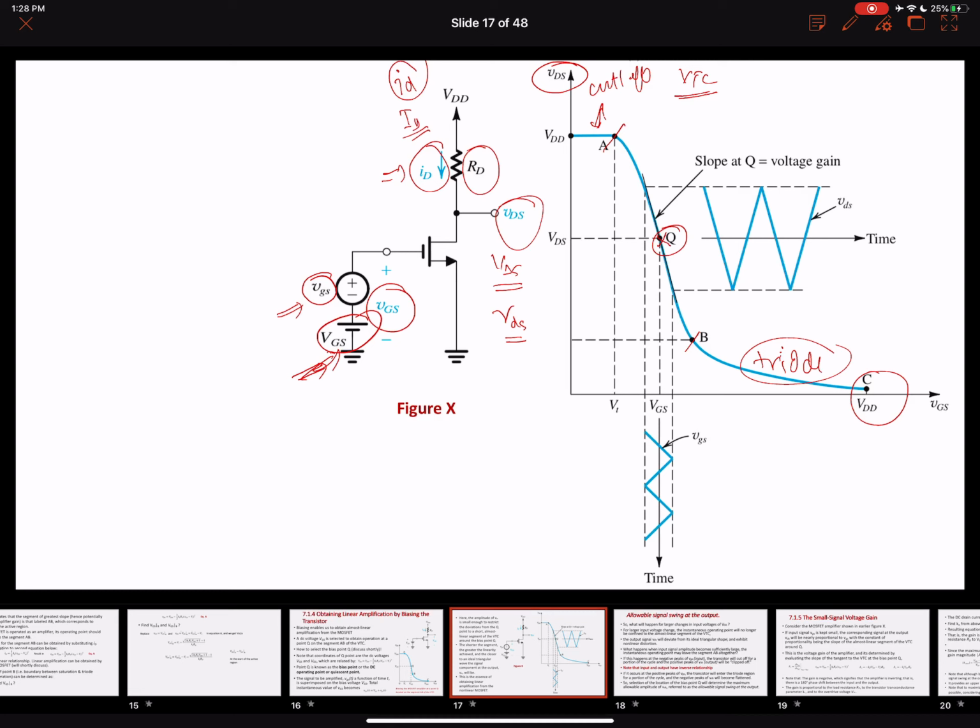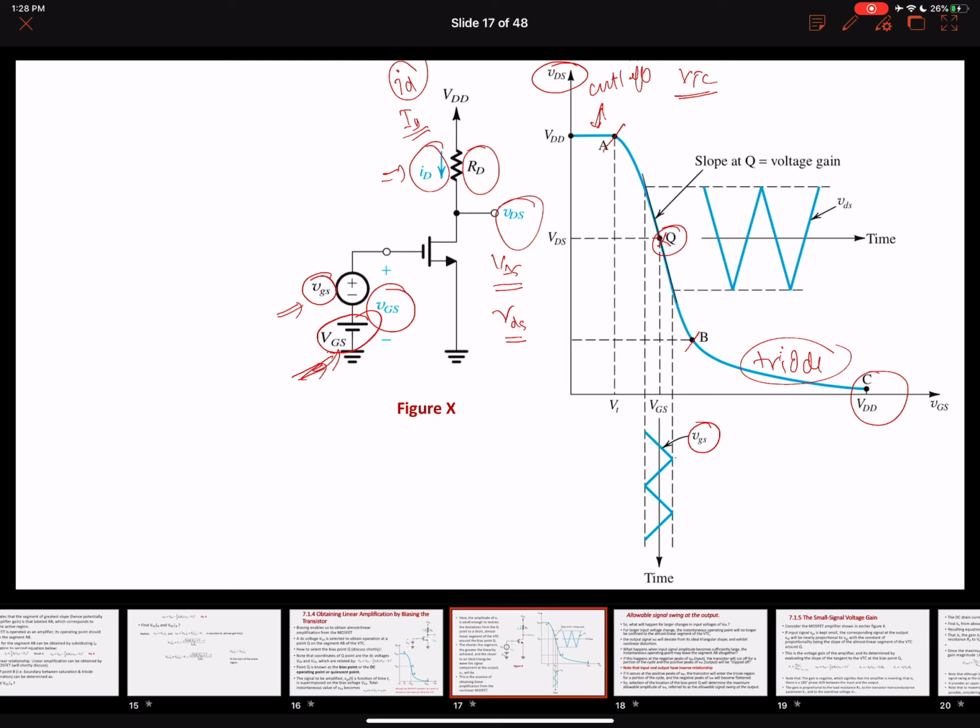Our second important parameter, in order to obtain linear amplification, is that the swings of the voltages should be as small as possible, to obtain a linear voltage gain and a linear operation of the MOSFET as an amplifier. The third important component is the signal swing that is allowed. Here we can see a time-varying input voltage.